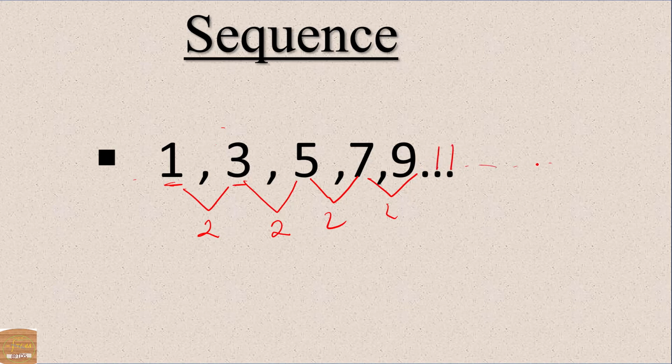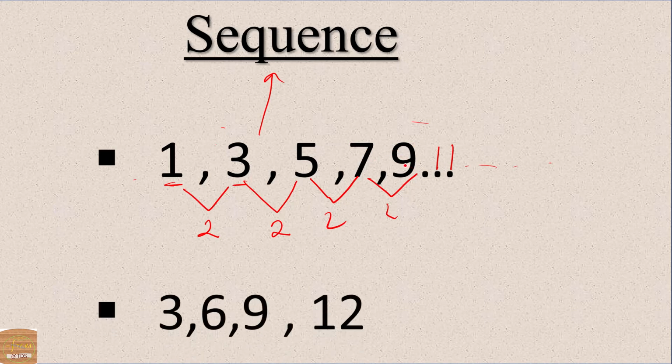A set of numbers like this is called a sequence because it follows a definite order. There is a pattern, and you can tell where the next number will be. Let's look at the next example: 3, 6, 9, 12.